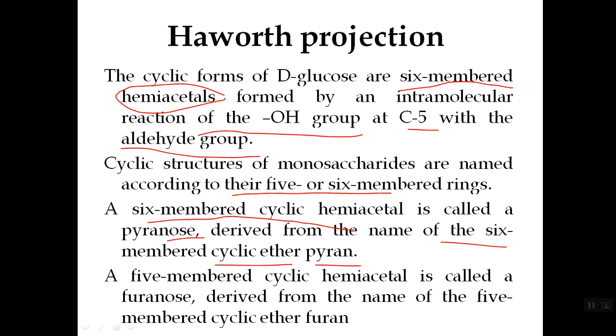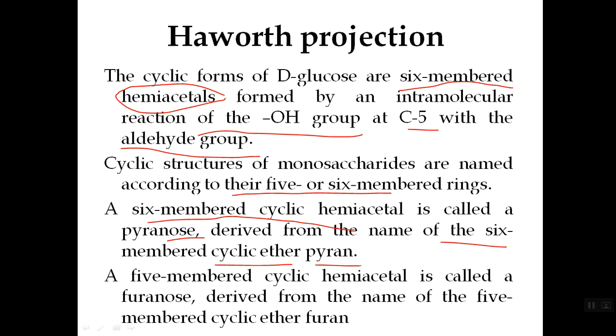In case of glucose, the cyclic structure will be formed between C1 and C5. At C1 we have the carbonyl group, and C5 will be having the OH group. So this intramolecular interaction will result in a 6-membered hemiacetal.